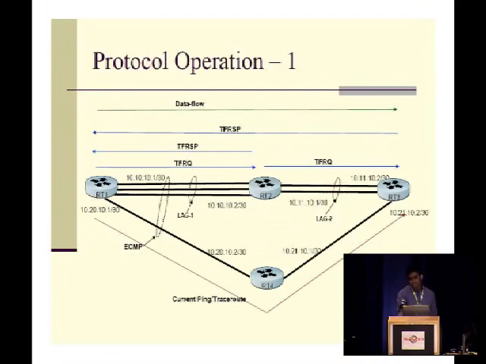So again, the green line here on this diagram shows the data flow. The way the protocol works is it sends out request packets, which are denoted as TFRQ, trace flow request packets, and each device along the path that receives this request packet actually returns a response packet, which is denoted by TFRSP, trace flow response.